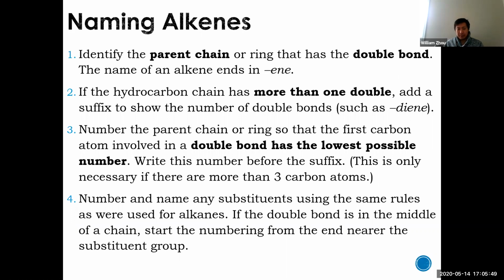And next, you have to number the carbons in the parent so that the first carbon in the double bond must be as small as possible. So forget about satisfying the lowest set of numbers. Okay, you have a new priority now. You want to make sure that the double bond has the smallest possible number.